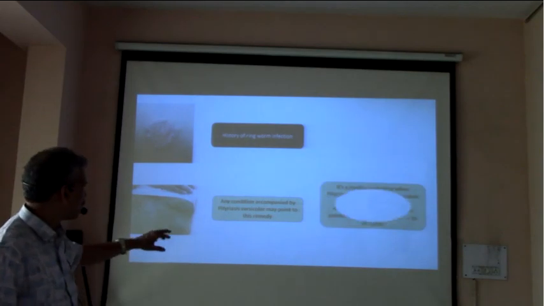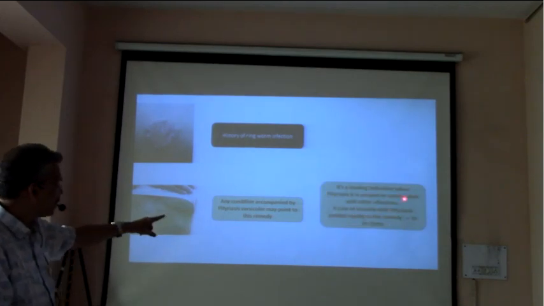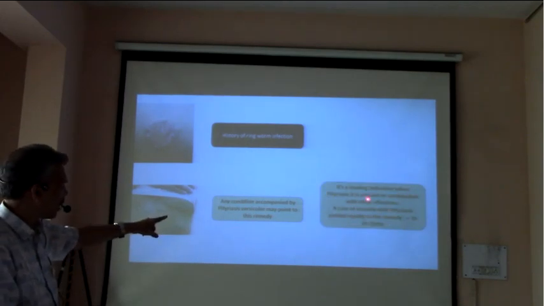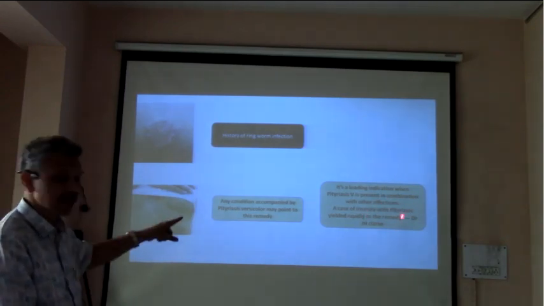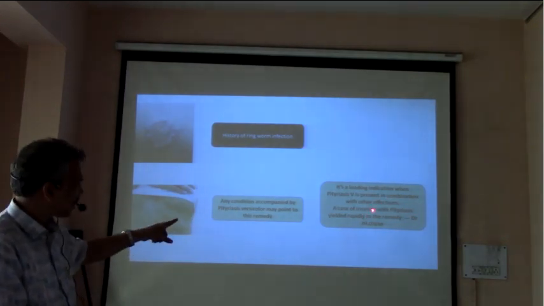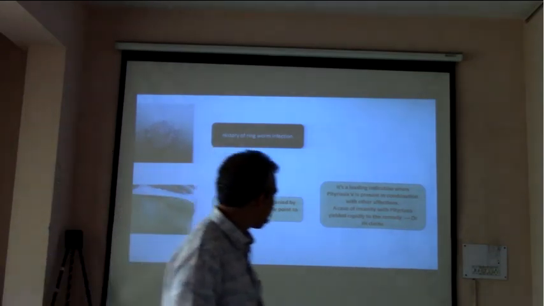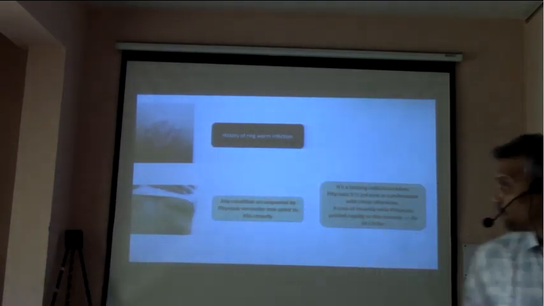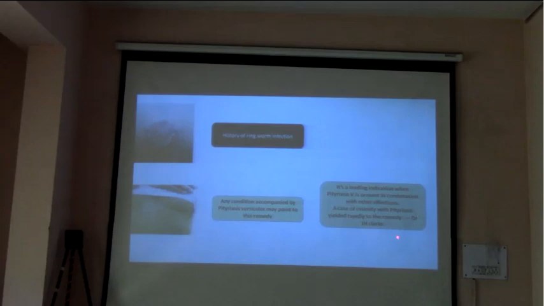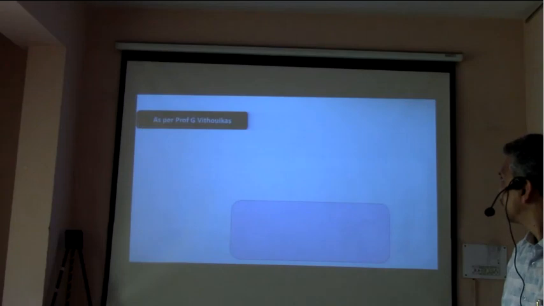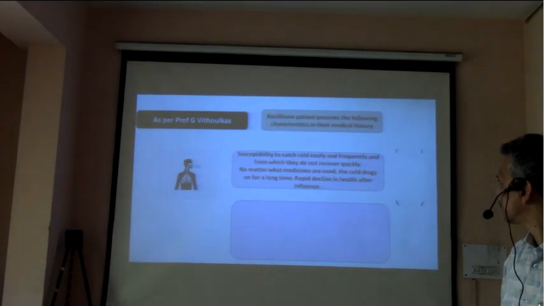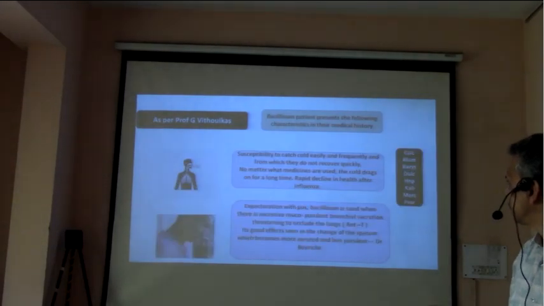Okay. So it's a leading indication when pityriasis versicolor is present in combination with other affections. There he mentions a case of insanity with pityriasis yielded rapidly to the remedy in Dr. Clark's introduction. Okay, so maybe this is repetition, but anyway, it's important.